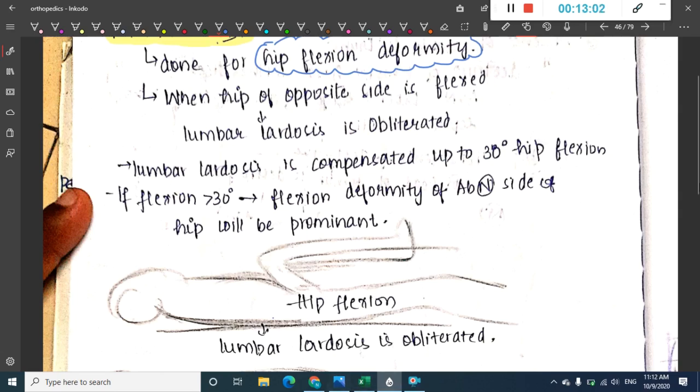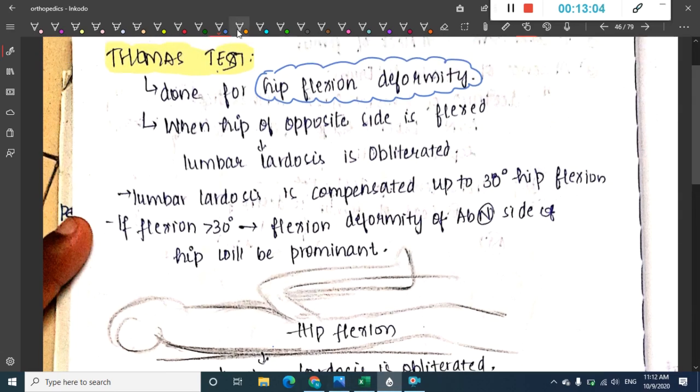That is Thomas sign. In Thomas sign, this is mostly manifested when the hip flexion deformity is present more than 30 degrees. So this is called Thomas test, right? So these are the miscellaneous tests which are important in the lower limb in orthopedics.